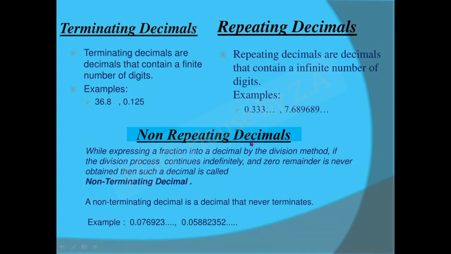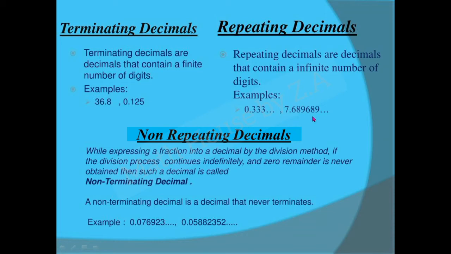And what is a non-repeating decimal? While expressing a fraction as a decimal by the division method, if the division process continues indefinitely and a zero remainder is never obtained, then such a decimal is called a non-terminating, non-repeating decimal. What is the difference between repeating and non-repeating? Repeating means we have a single digit, or a pair, or a triplet of digits repeated after the decimal point.